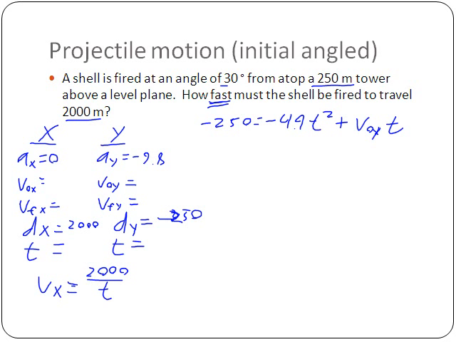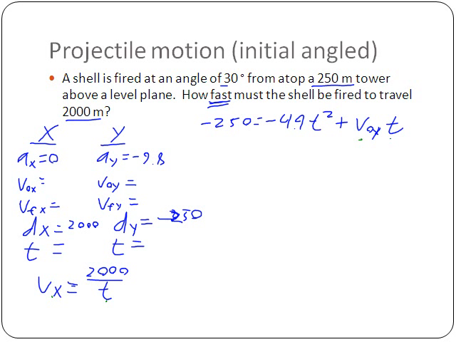Can't solve that either. Well, we have two equations, but let's look at the variables here. In our first equation, we have two variables: t and vx. In this one, we also have t, but we have vy. So we don't even have two equations and two variables. We have two equations and three variables. So unless we can find some way to mix these up and connect them, we really can't solve this. We have three variables. We need three equations.